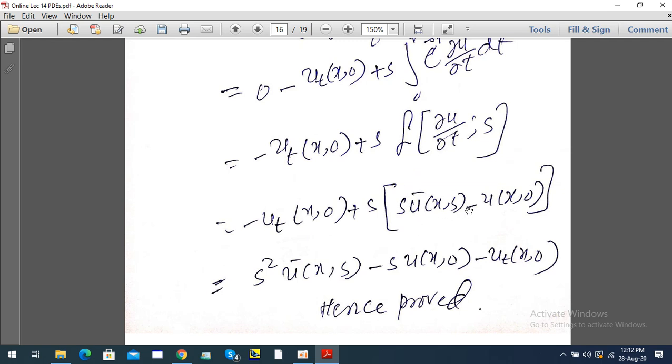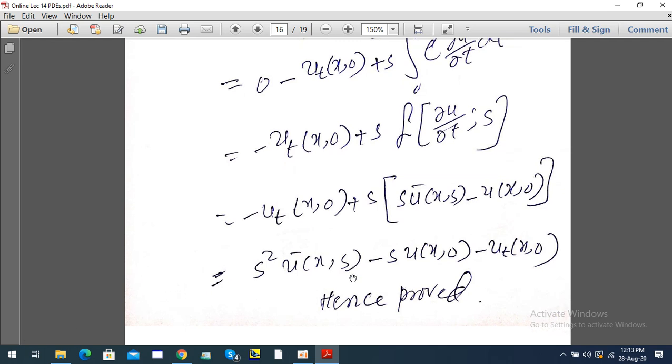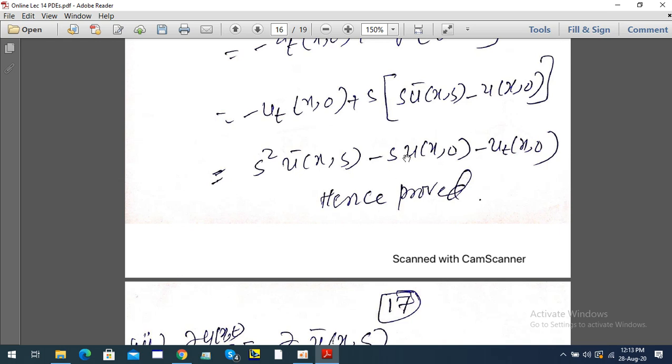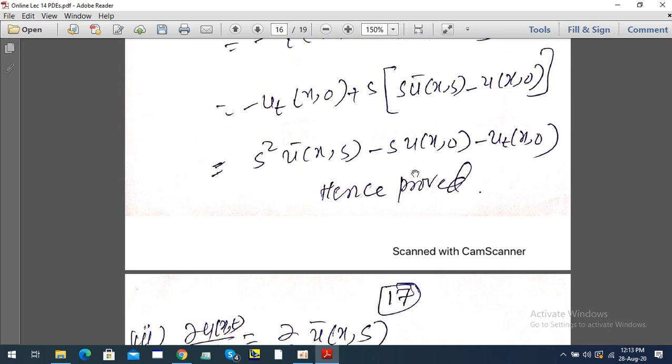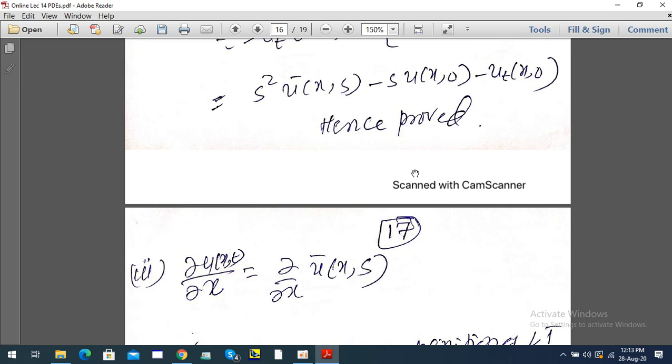So just put it in: s square u bar(x,s) minus s u(x,0) minus u_t(x,0). So this is the Laplace of partial square u by partial t square. You can see we used this in the above example also. So this is the result. How did we get this result?